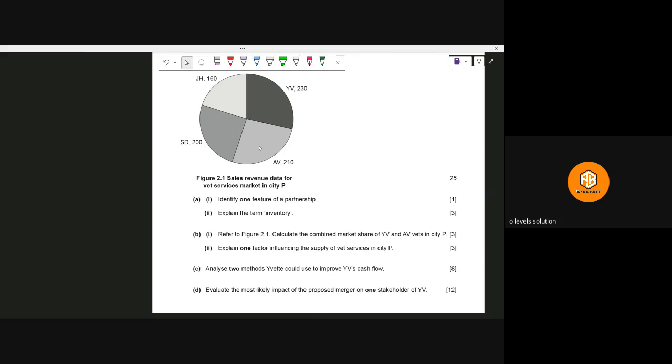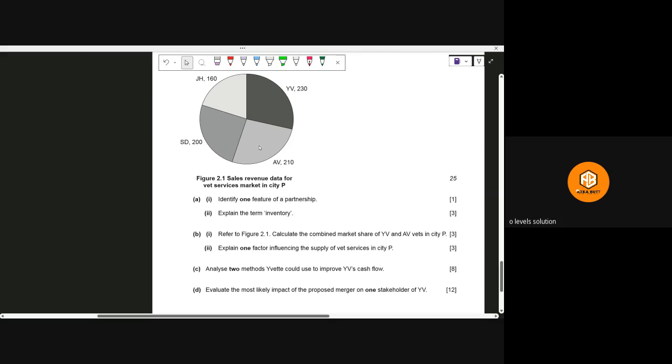It means that maybe you have one nurse, and the other company also has nurses, and all the nurses are doing the same work. So this is a kind of duplication of role. So maybe these companies will make a lot of nurses redundant, you know. So this will not be a good impact on one stakeholder, the employees.